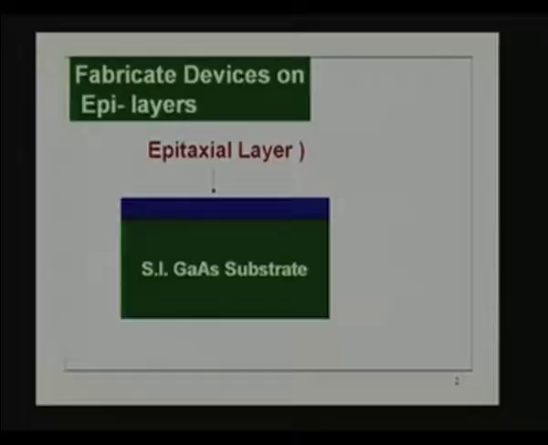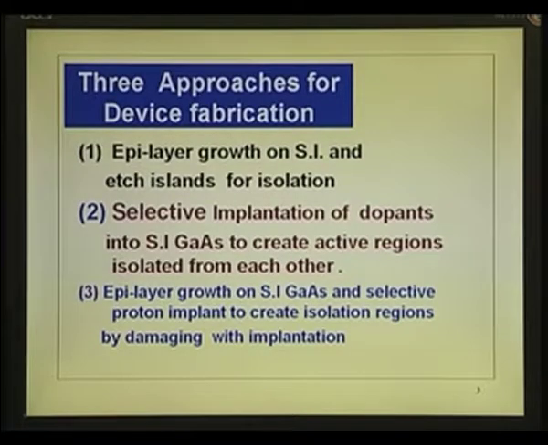So, now let us see what are the methods which are used for isolation in gallium arsenide based mainly. Okay. Very popular technique is of course the epilayer growth on semi insulating substrate and then islands.